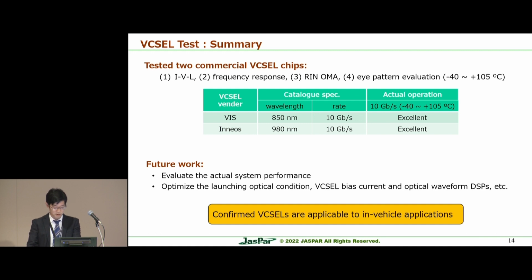This is a summary of the VCSEL test. JASPAR has tested 2 VCSEL chips. Both VCSELs were confirmed to be the same as their catalog specifications.